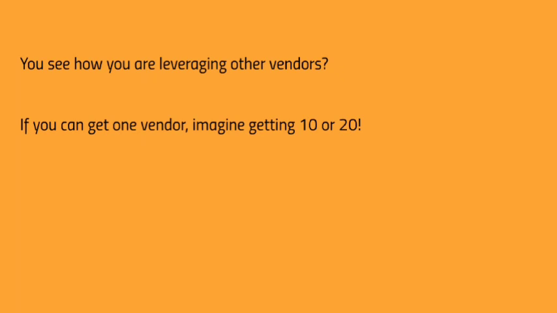So you see how you are leveraging other vendors. If you can get one vendor to put this on their thank you page, and even if you're getting a few subscribers a day, those are actually building your customer base list. So imagine if you're getting 3 or 5 subscribers from each vendor, you could have anywhere from 10 or 50 different people coming to your list every single day.